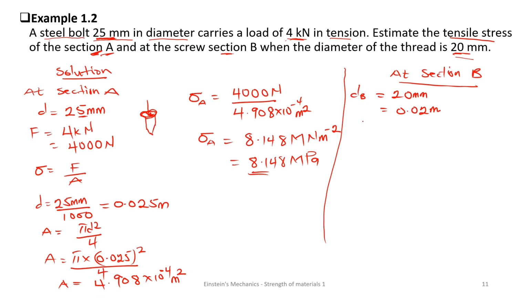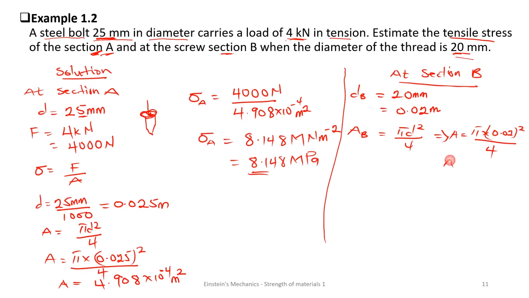Let's calculate the area. Remember, they will have different areas because the diameter differs, 25 and 20. So area at B will be the same formula, pi d square on 4, which implies that the area is equal to pi. The d now is 0.02 all square on 4.